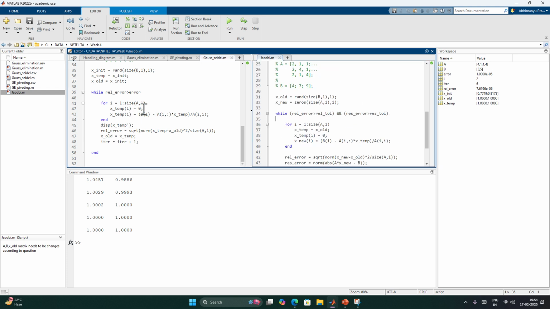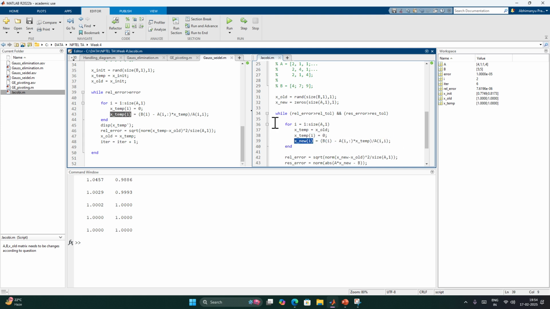Yes. So in this case, I am making the current element of xtemp 0, and then I am doing these operations and storing it in temporary xtemp only. In Jacobi, what I am doing is storing the x old in xtemp. I am making the current variable of xtemp 0, and then I am doing these calculations and storing it in x new.